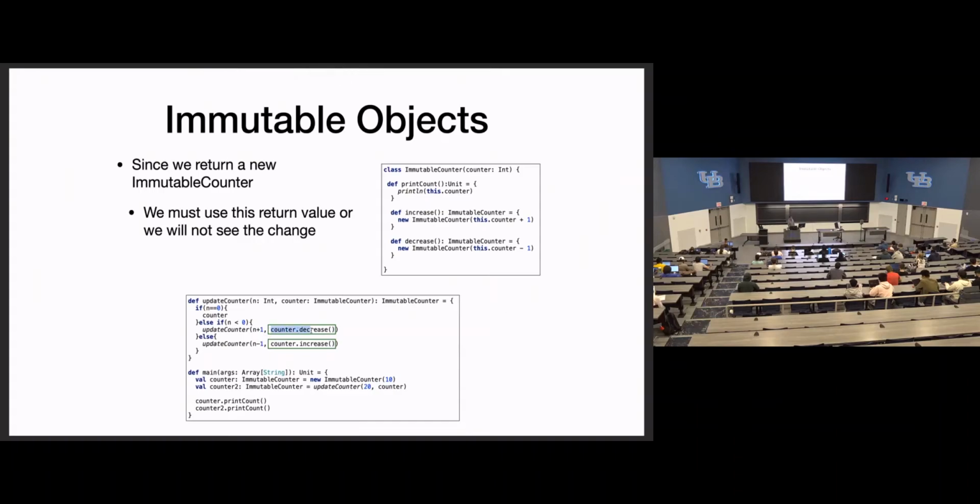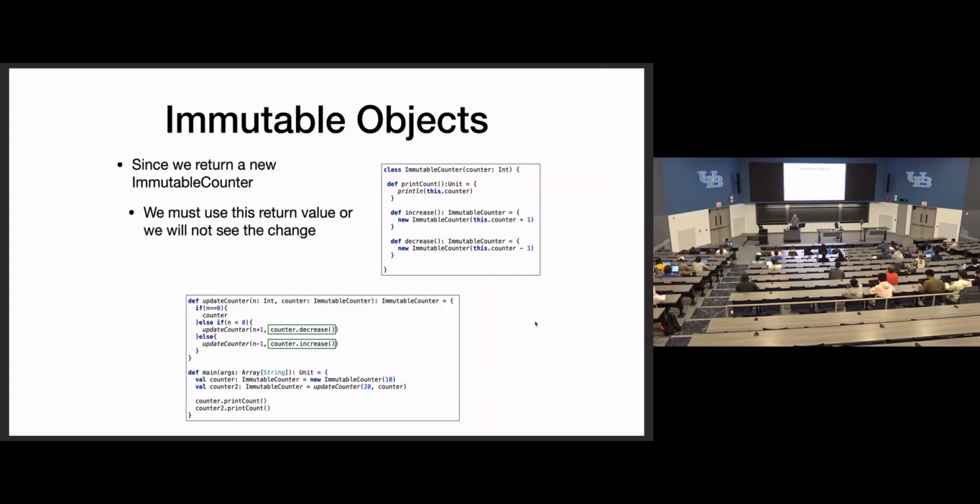Whenever we want to make a change, we're going to call one of those methods, and we have to use the return value of that method call, which will be a reference to a new object, if we want to see that change. So when we call increase or decrease, we have to use that return value.